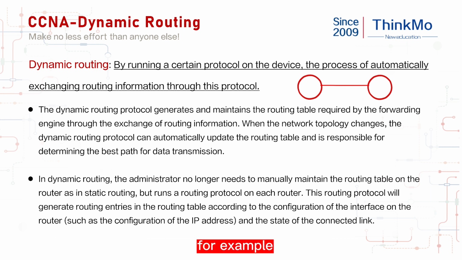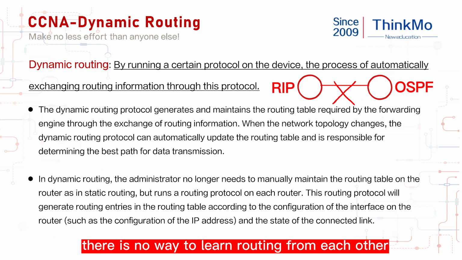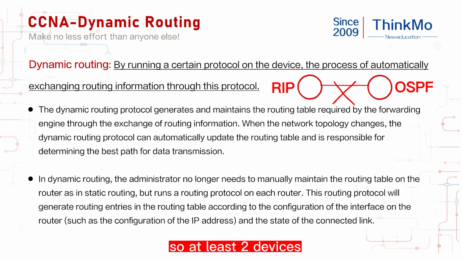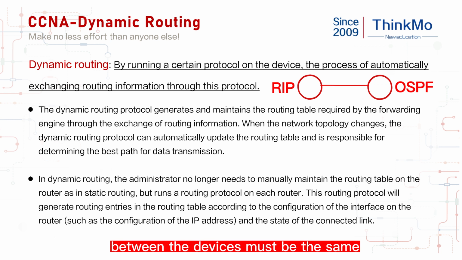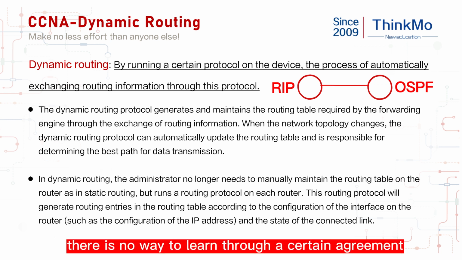For example, if the left runs a RIP protocol and the right runs an OSPF protocol, there is no way to establish a relationship between them, and no way to learn routes from each other. Both must run the same dynamic routing protocol. So at least two devices, and the protocol running between the devices must be the same. Otherwise, there is no way to learn through a certain agreement.